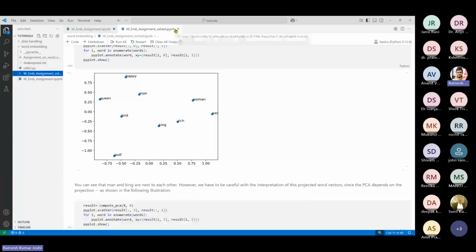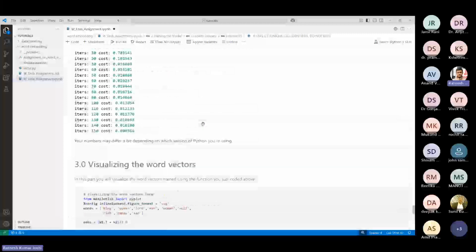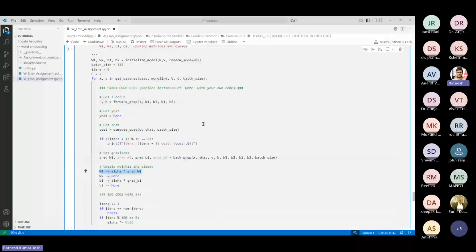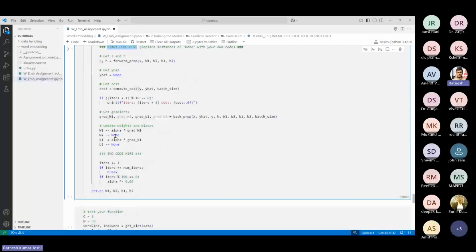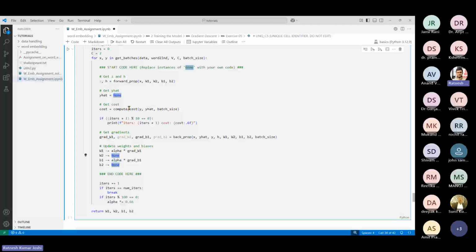So for this particular assignment, all you have to do is look at the sections of the code that are missing. You can search for these sections by searching the term start code here, and in that code there are values that are missing which have been marked with none. And you have to fill these none values. I hope that part is clear.